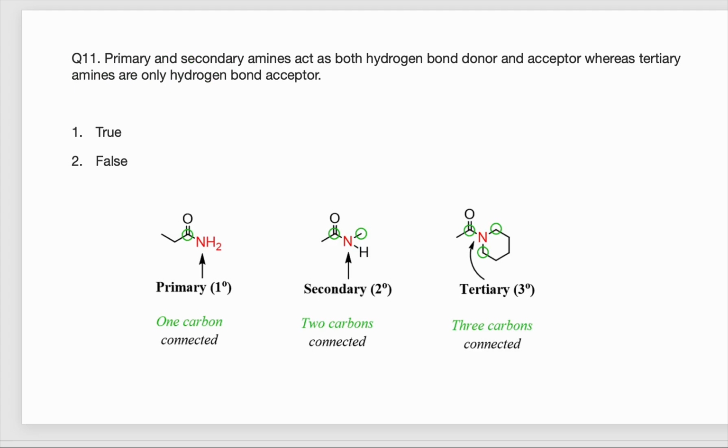Now, question 11. Primary and secondary amines act as both hydrogen bond donor and acceptor, whereas tertiary amines are only hydrogen bond acceptor. You can see this is a primary amine.